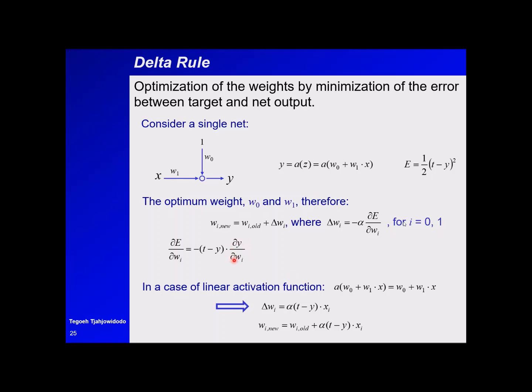So this last term here, the first derivative of Y with respect to Wi will be equal to the X itself. Of course, for W naught, the first derivative of Y with respect to W naught will be equal to 1. The first derivative of Y with respect to W1 then will be equal to X in our case here.